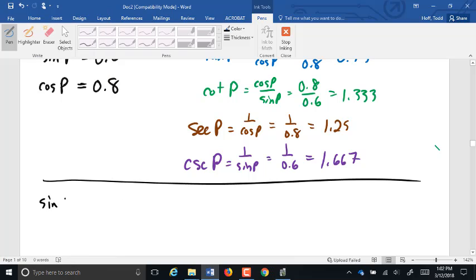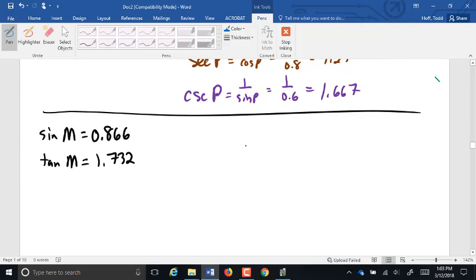Let's say the sine of angle M is 0.866. And the tangent of angle M is 1.732. Can I find the cosine of M?